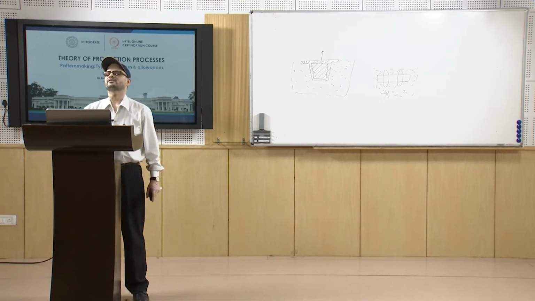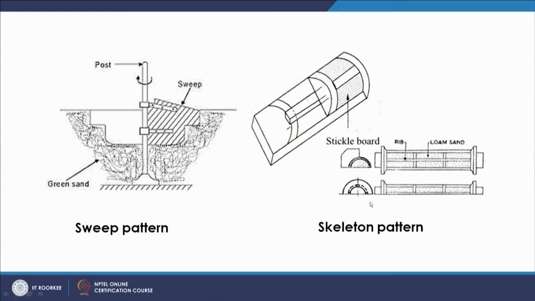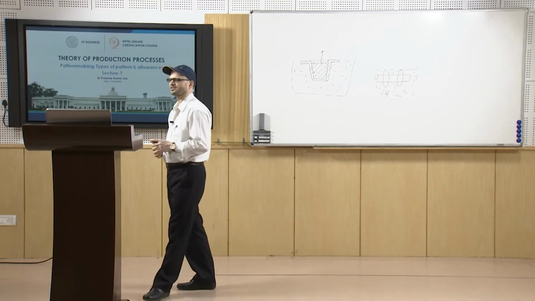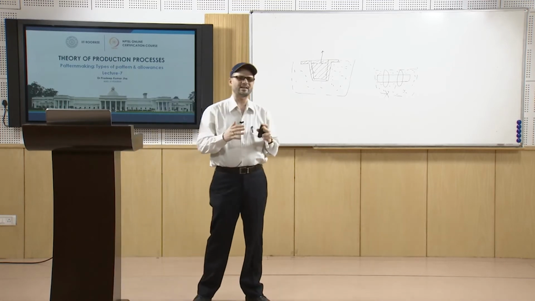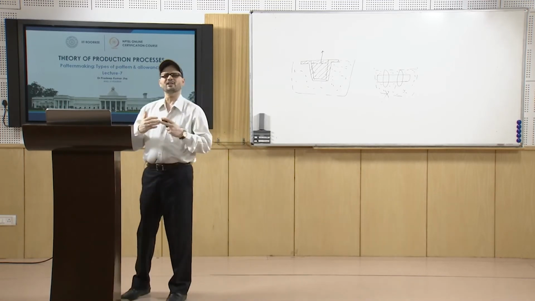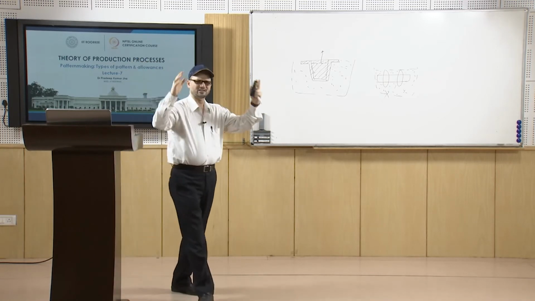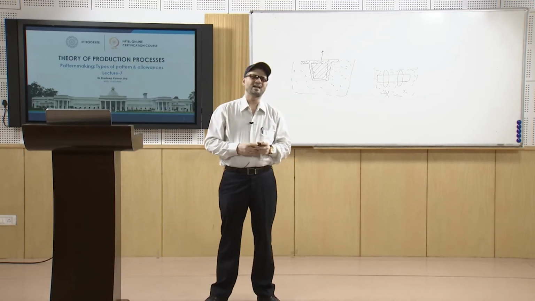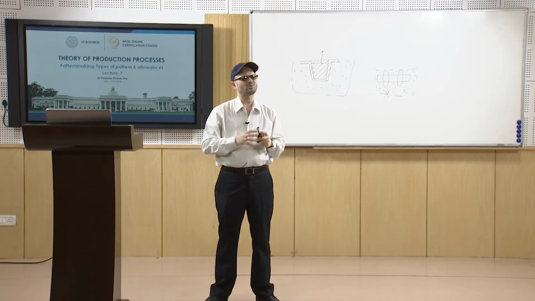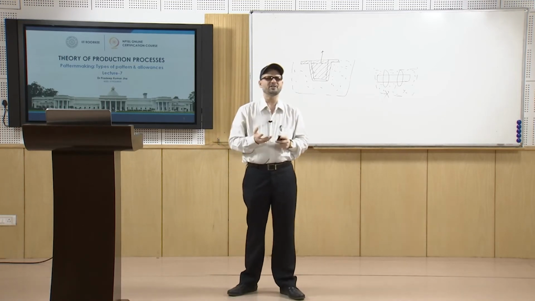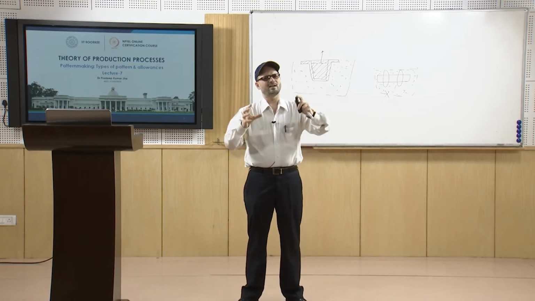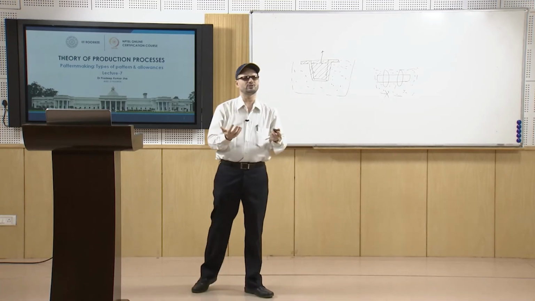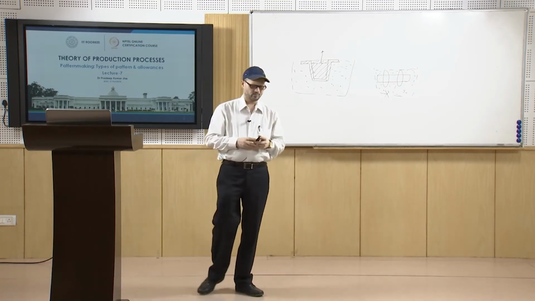Next is the skeleton pattern. Here again it is for very large castings, where you use the stickle board. For very large castings, depending upon the size, it is very uneconomical to make such a large pattern, and if you have to make only a very small quantity, the skeleton pattern is used, where skeletons of different shapes are used depending upon the casting shape.